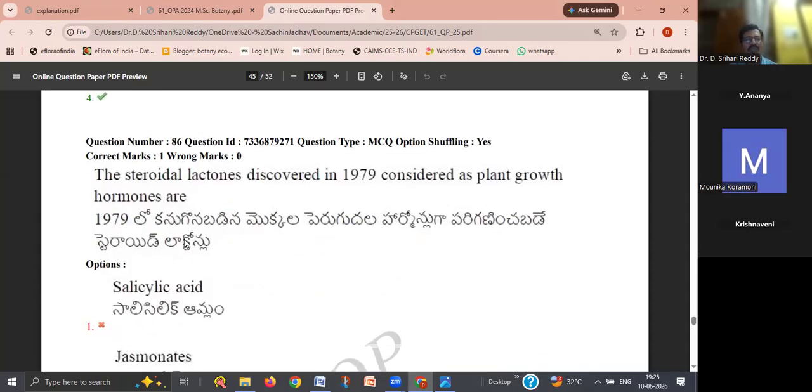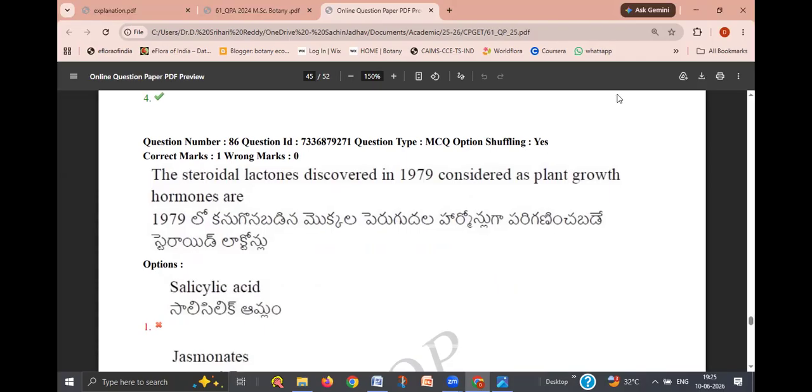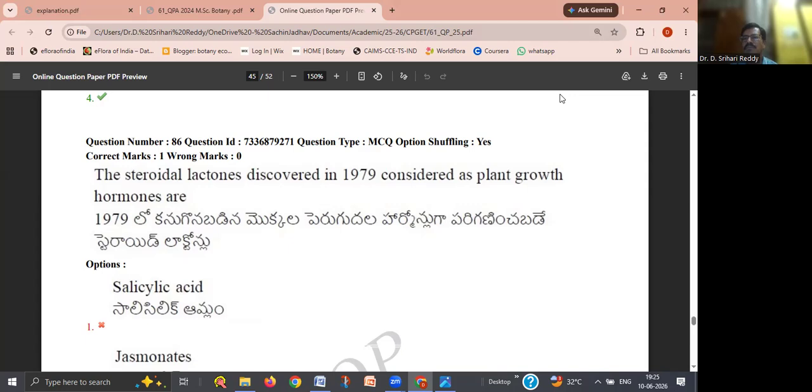Now one more question: the steroidal lactones discovered in 1979 are considered as plant growth hormones. So what are the plant growth hormones? These are auxins, gibberellins, cytokinins, abscisic acid. All these are phytohormones.